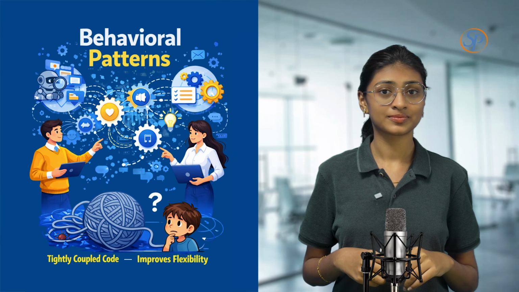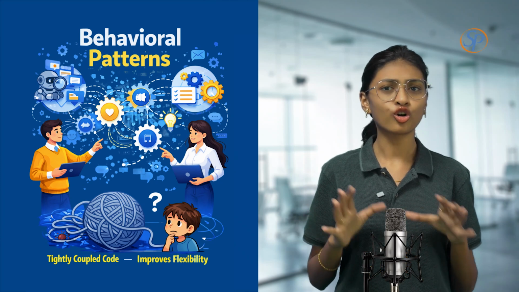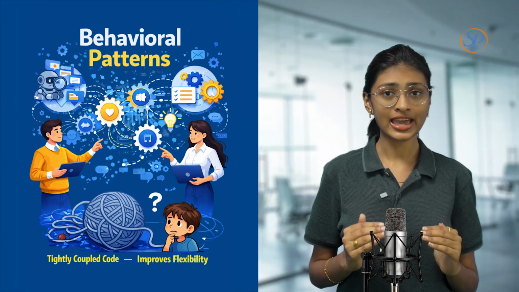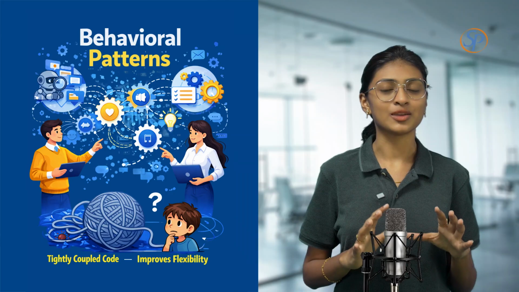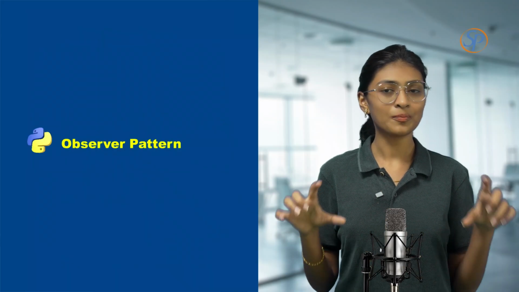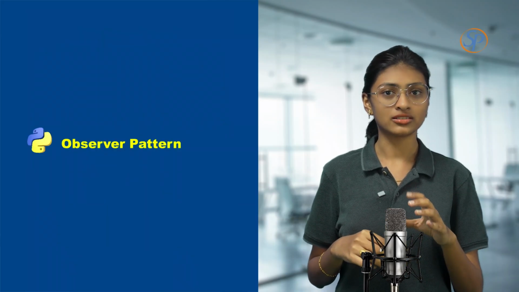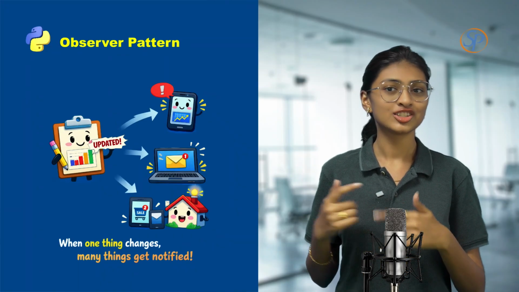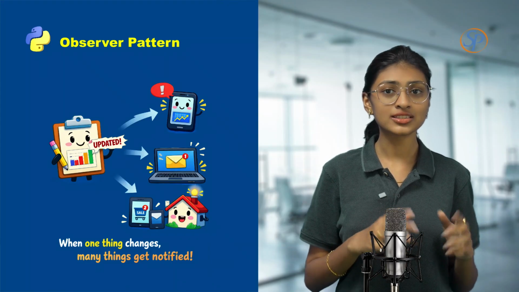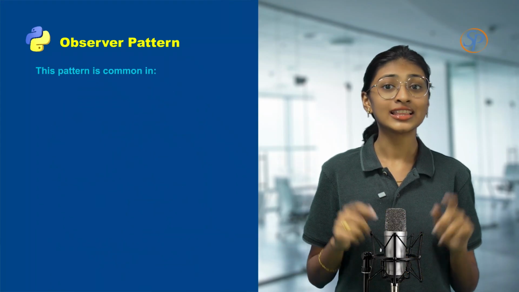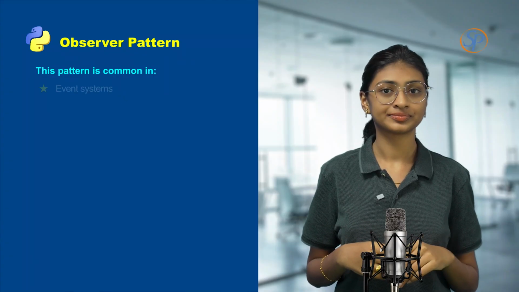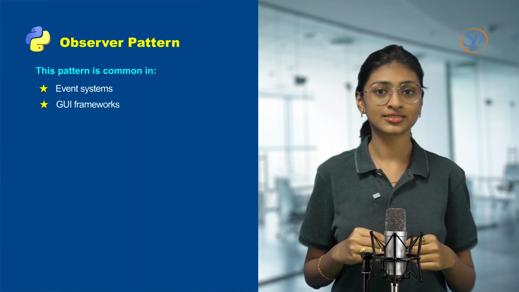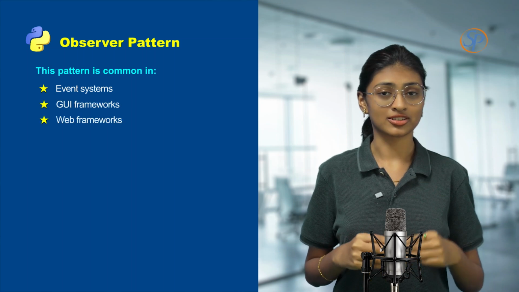Behavioral patterns. Behavioral patterns focus on how objects communicate. They help reduce tight coupling and improve flexibility. Observer pattern. The observer pattern is about event-driven behavior. One object changes state. Other objects are automatically notified. This pattern is common in event systems, GUI frameworks, web frameworks.